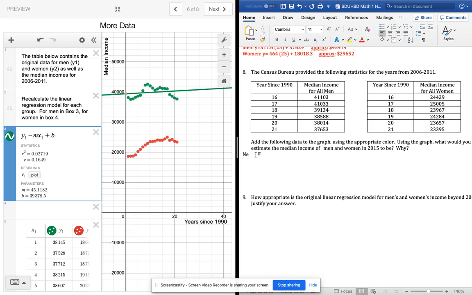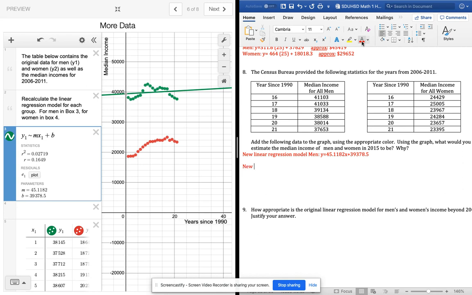I'll write in red so you can see it better. The new linear regression model for men is actually y equals 45.1182 x plus 39,378.5.